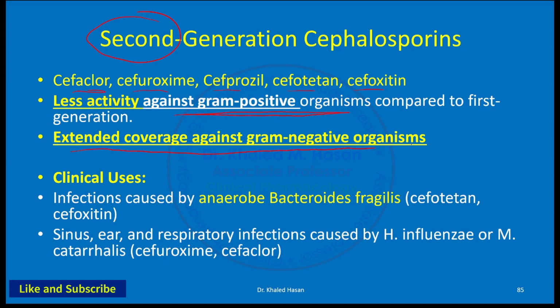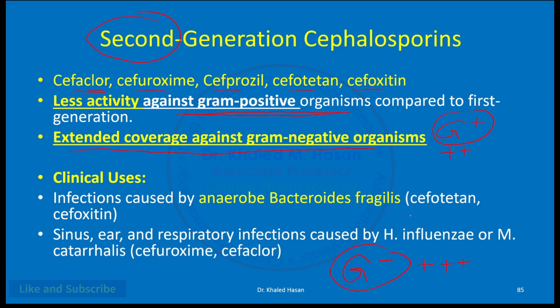So if you type here gram-positive bacteria, this is kind of 2 plus. What about the gram-negative bacteria? This will be like 3 or 4 plus. So as you can see here, we're moving from gram-positive to gram-negative.